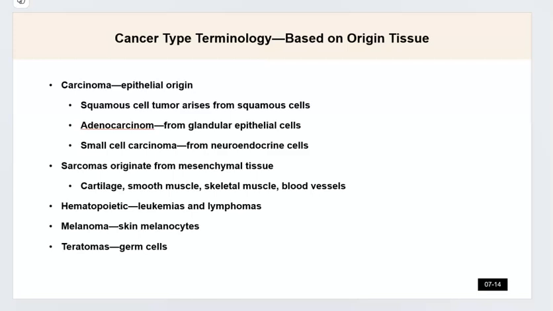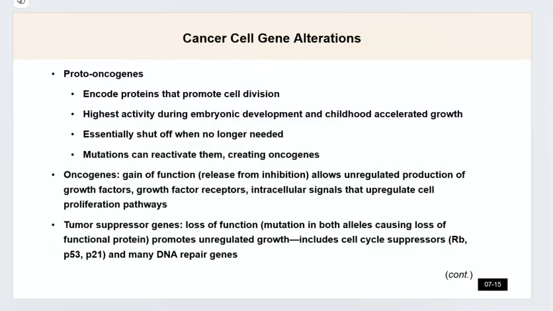You can have melanomas and teratomas. You can also have tumors of the brain that are like glial type tumors. So the terminology is very specific, and we have to use it appropriately.